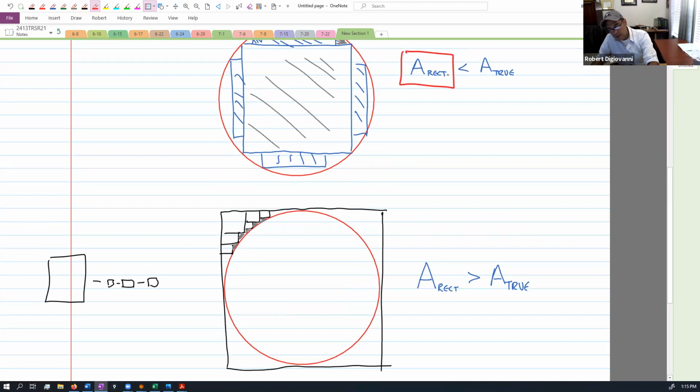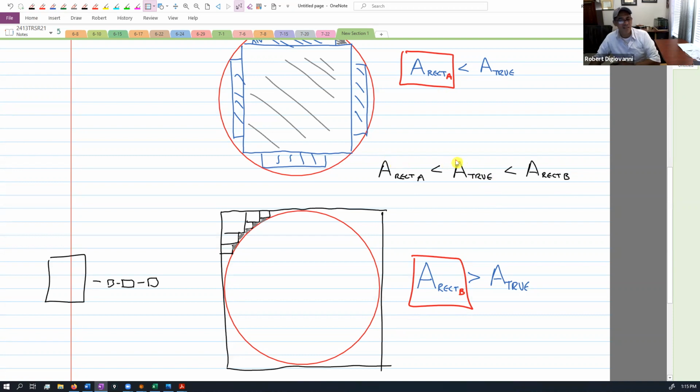I'm going to call this rectangles A, for doing it this way. I'm going to call this rectangles B for doing it this way. If we do this, then the true area is stuck between two numbers. It's stuck between the rectangle B method, which is this method. It's smaller than that, but it's bigger than the other method where we did rectangles on the inside.